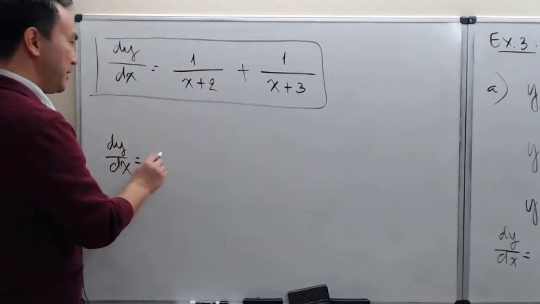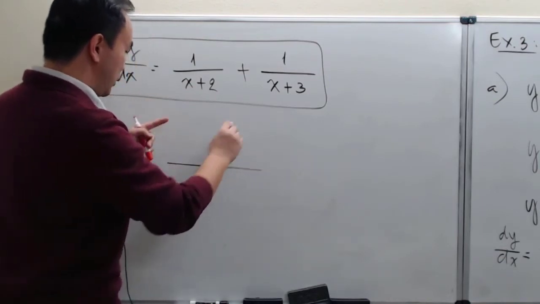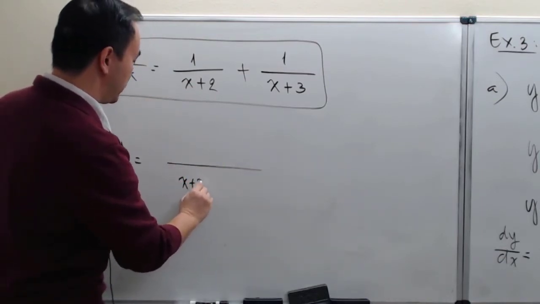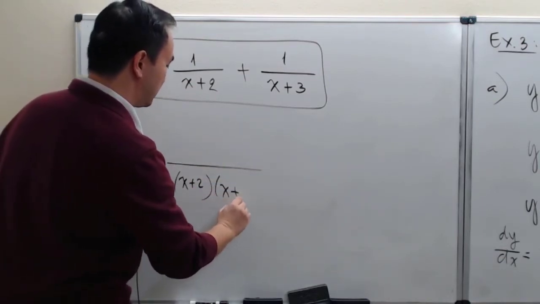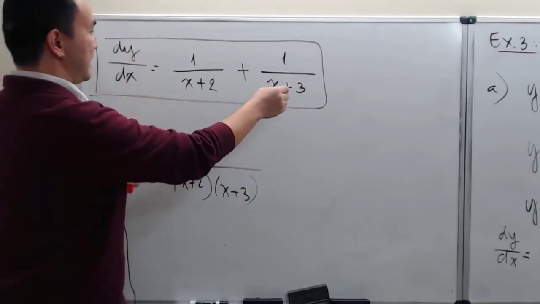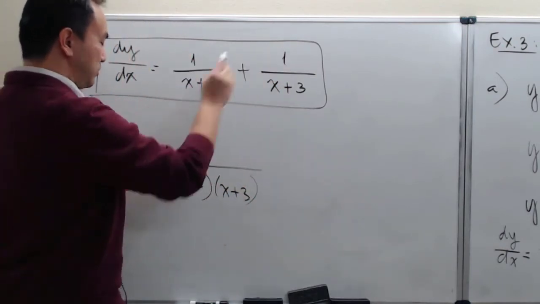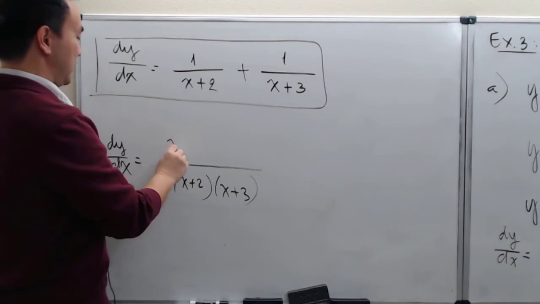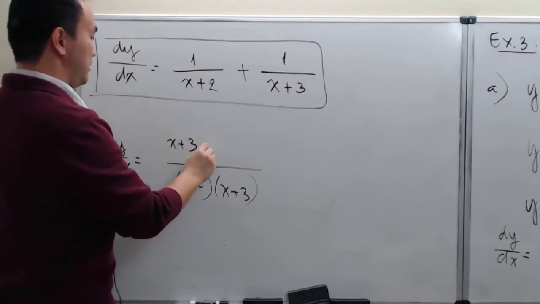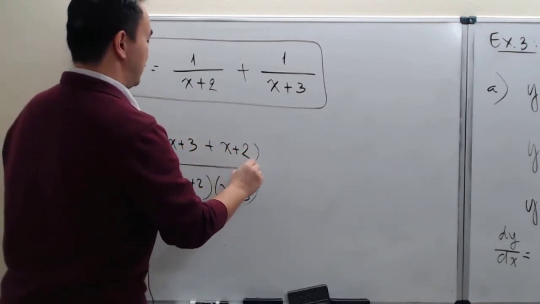make a common denominator, then this is going to be x plus 2 times x plus 3 as our common denominator. And then that's multiplied for one, the x plus 2 multiplied for the other one. So now we're looking at x plus 3 plus x plus 2, okay?